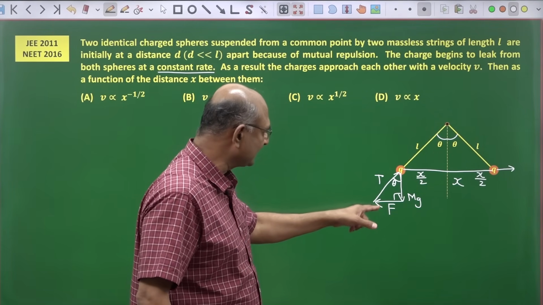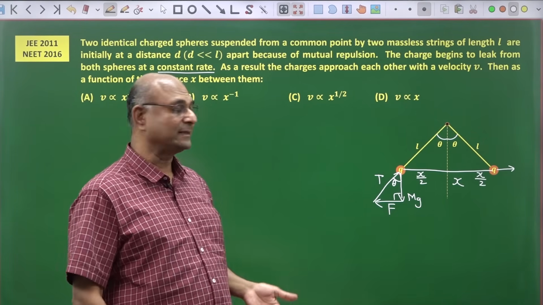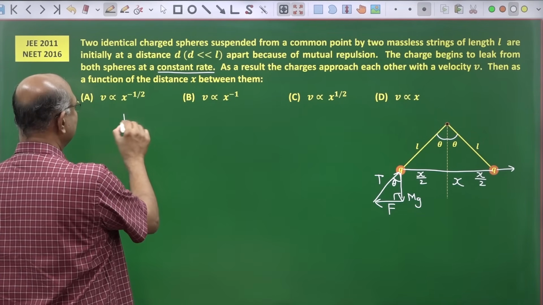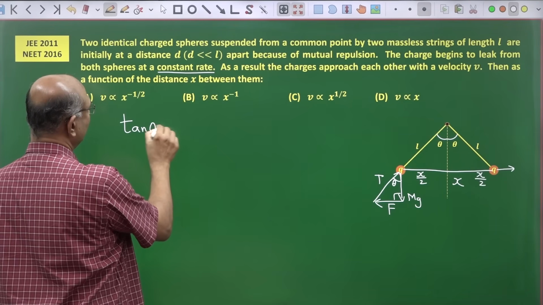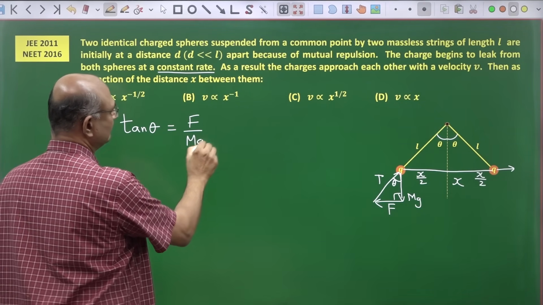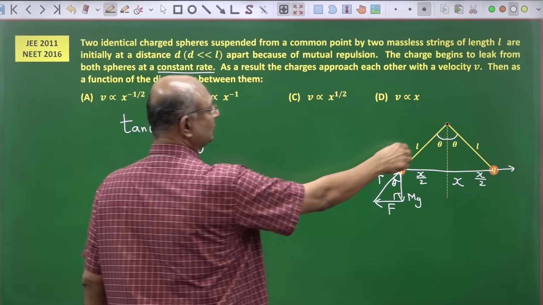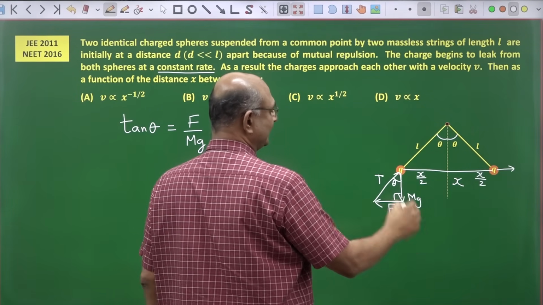So whenever we want tan theta, we can say F by mg is tan theta, which is also approximately equal to sin theta. So let me write that here.